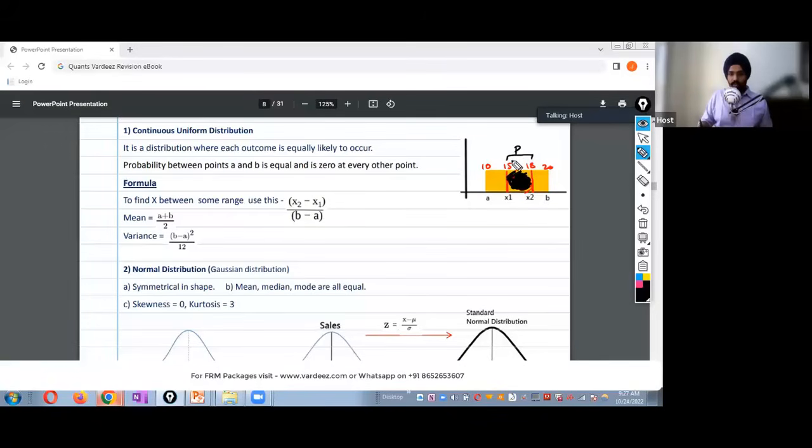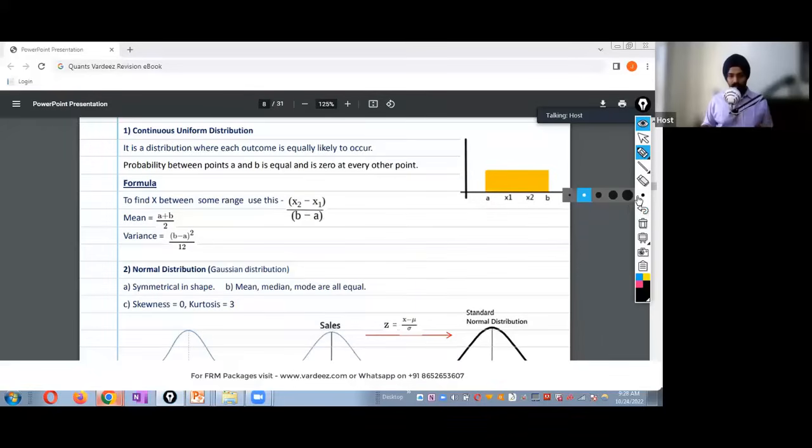Well, it's very simple: X2 minus X1, that is 18 minus 15, the difference, divided by the overall range, 20 minus 10. You solve this, 3 over 10, that's 30%. So the probability that the random variable will be between 15 and 18 is 30%.